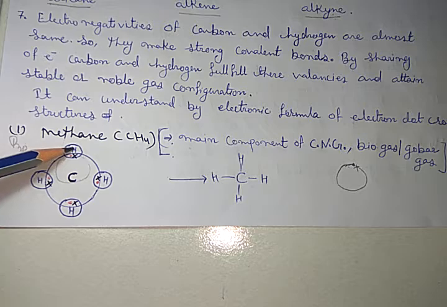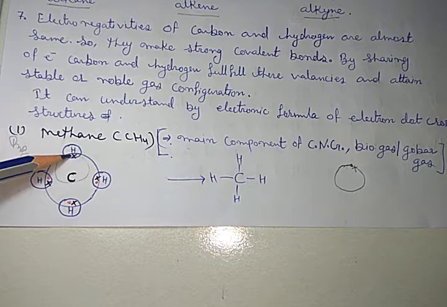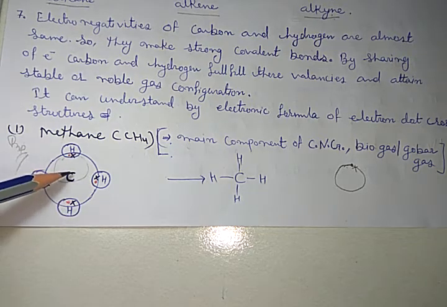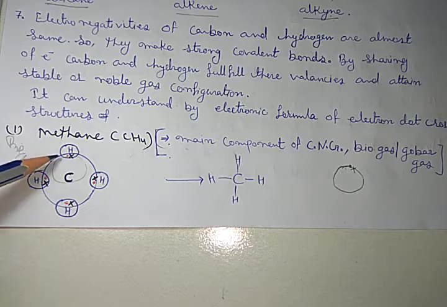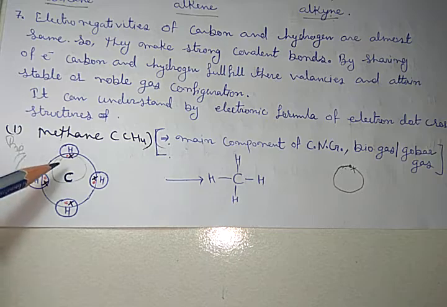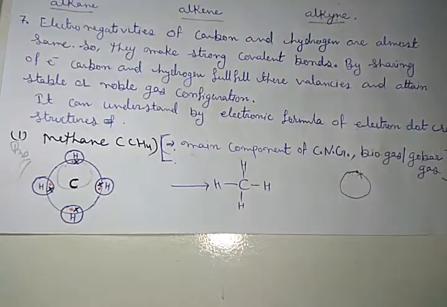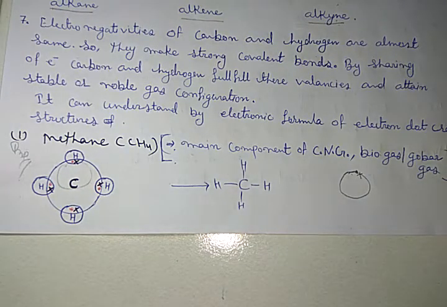Okay, so hydrogen shares one electron and carbon shares one electron. Similarly, carbon shares one electron with the 4 hydrogens. Got it? You know that in covalent bond, the shared electrons will count with both atoms, the right of shared electrons will be considered on both atoms.